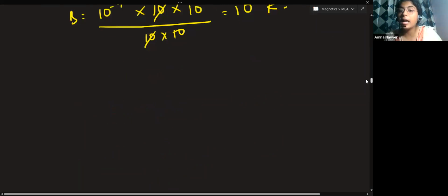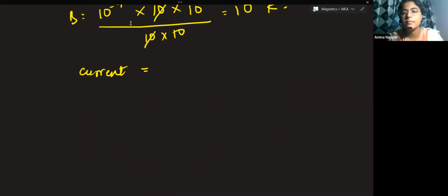But if current and velocity are given to you, current is what? Formula of current in terms of charge and time. Yes, Salman. What is the formula of current in terms of charge and time? Salman is not there.